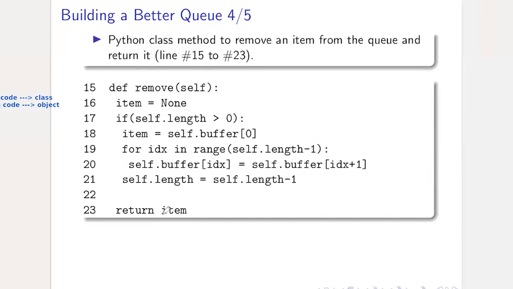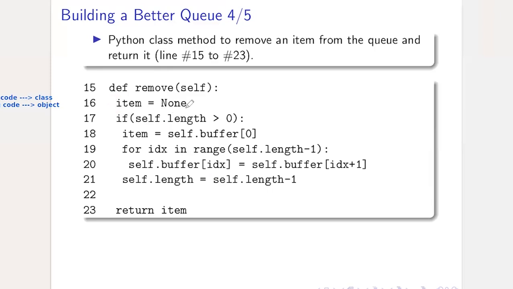Now to remove, that was to insert. Now to remove, I will define a method. First of all, I have declared a variable called item and initialized it as none. That's a default way of saying this particular variable does not contain anything.